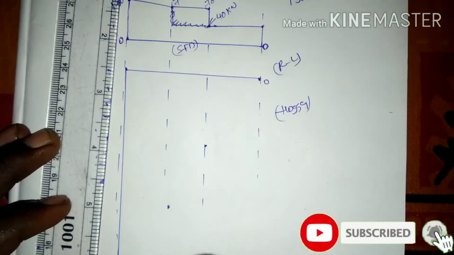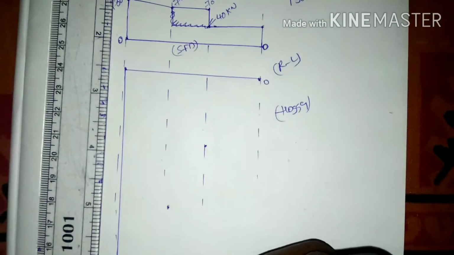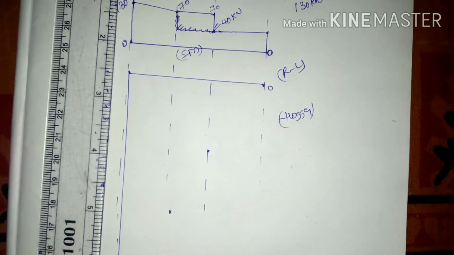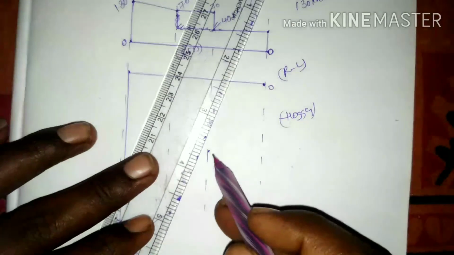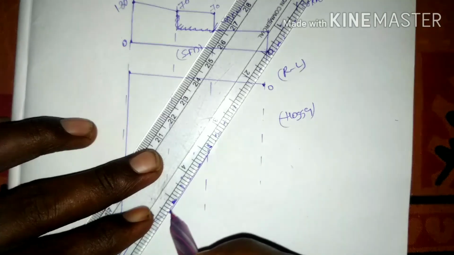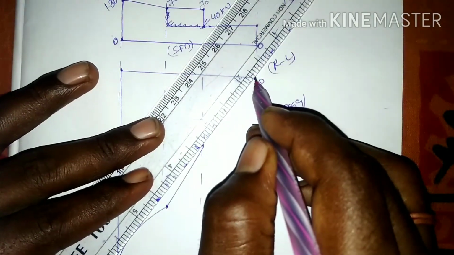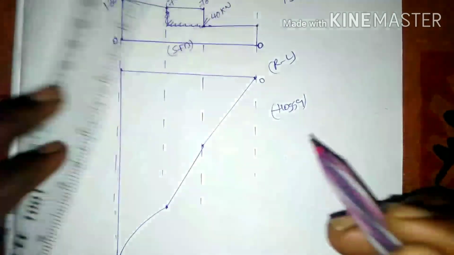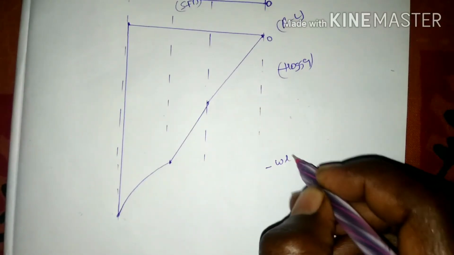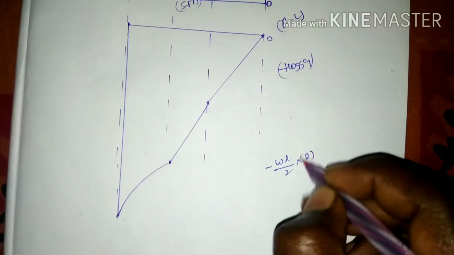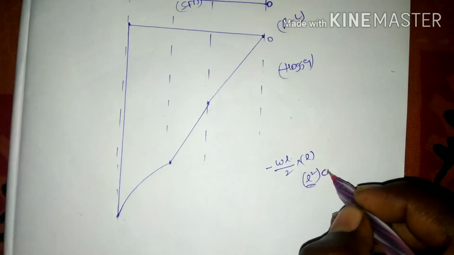Let us plot minus 560 here. From A to D we are having a UDL, so we have to draw a curve, and next we are going to continue with inclined straight lines because it is a point load. Since there is a difference in the lines, it indicates minus WL by 2 into L, so the L square indicates a parabolic curve.